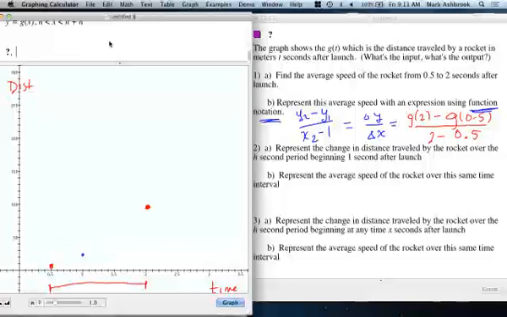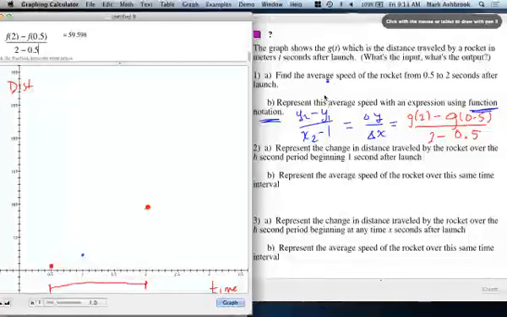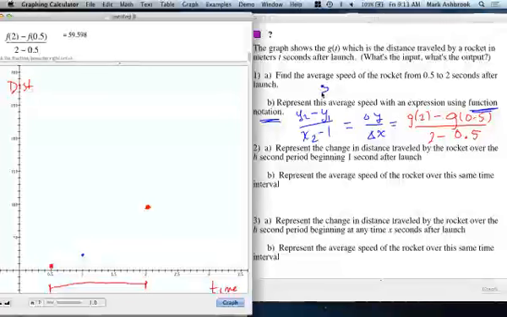So we want F of 2 minus F of 0.5 all over 2 minus 0.5. Okay, and it's giving us the number basically 59.598. 59.6. What are the units on that?